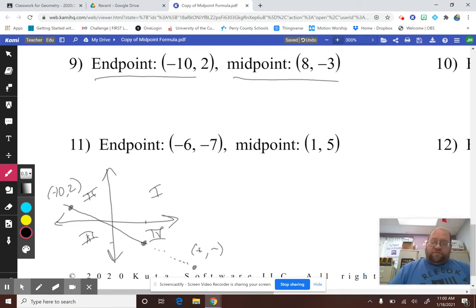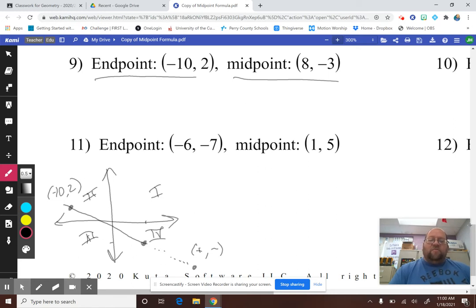So on a multiple choice test, you may be able to realize, hey, this point is over in here somewhere, and maybe you only have one answer choice that has a positive, negative, okay? So then you can really quickly figure out what that may be, okay? In this case, this is not multiple choice, which is intentional because I want you to know how to do it before you actually see it on a multiple choice test. But we do know that it's over in here somewhere, but how in the world do we find that?